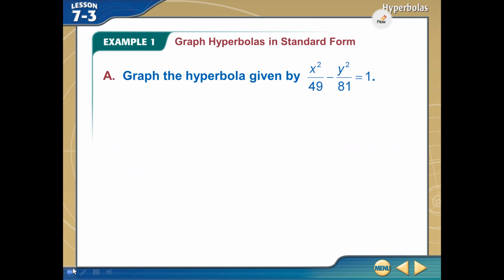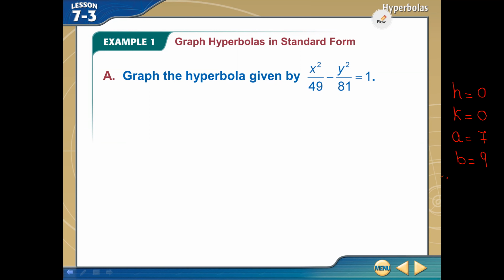Hussein, can you give me the value of h here, please? Okay, h is 0. Excellent. What about k? 0. What about a? 7. Excellent. What about b? 9.